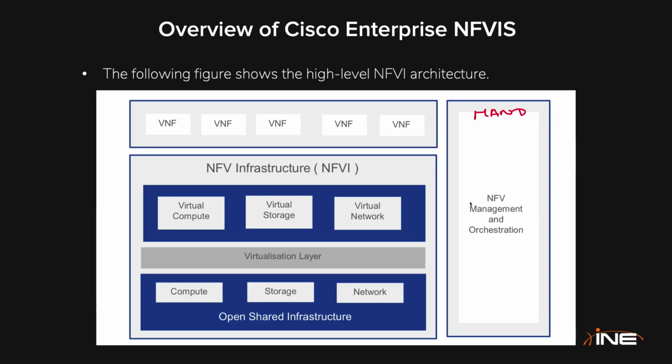All three of them would be Cisco specific devices, used to manage all of this. Your NFVI would only be Cisco's implementation. Obviously, your storage, compute, and network could also be an open standard infrastructure.